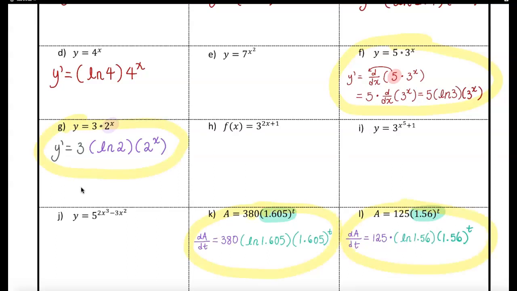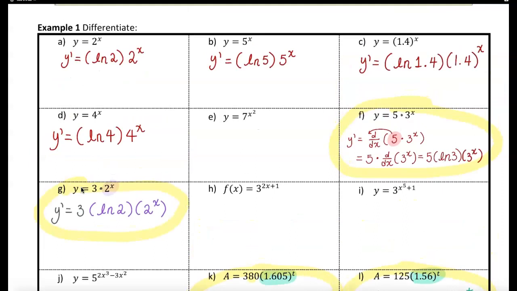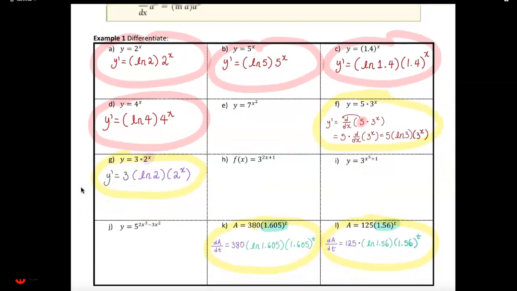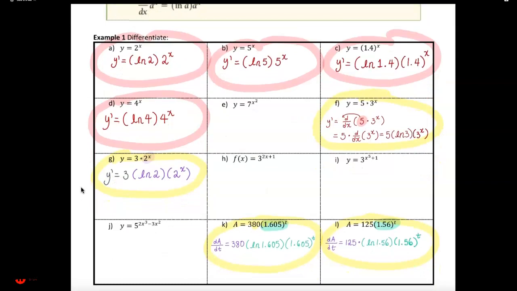These were the similar types. And the other ones that we did, this and this, were similar types too, but why did I leave all the rest of them blank? Because the other ones, you guys, we have to use the chain rule for.